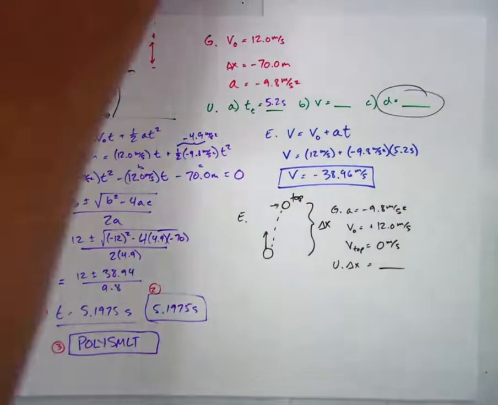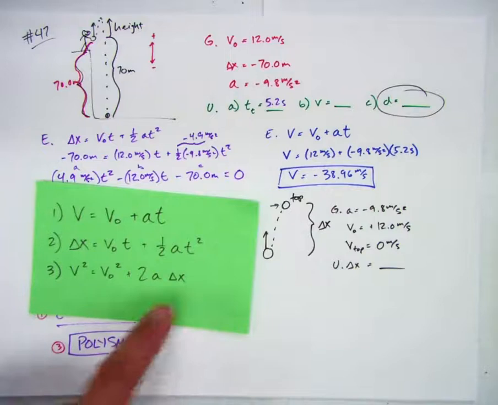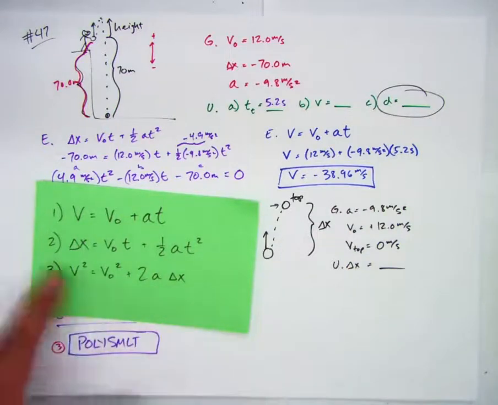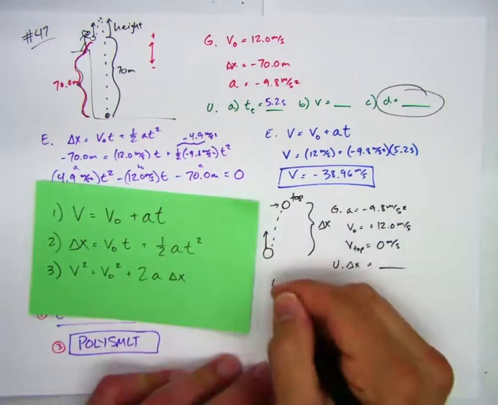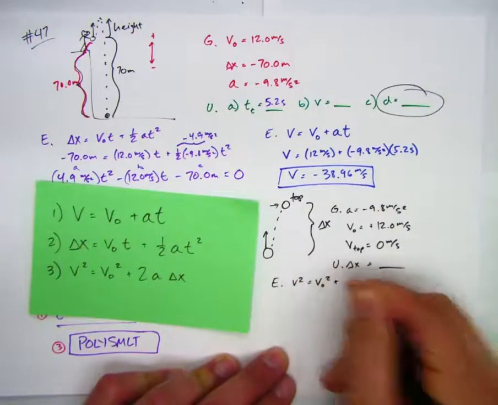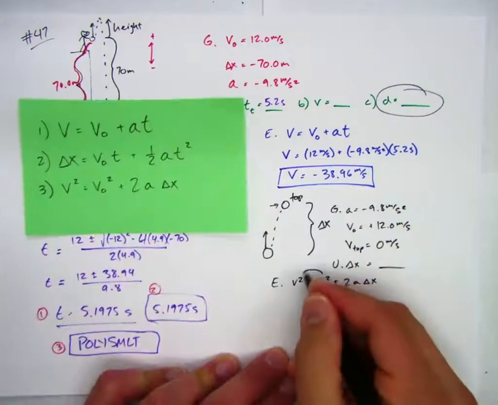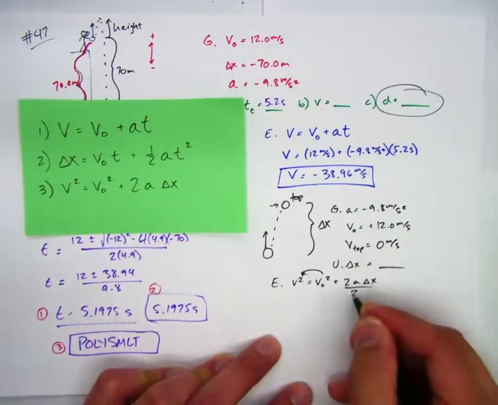And so we go back to my equations. Well, v, v naught, a, delta x, boom, equation 3. I can do it in one step. v squared is v naught squared plus 2a delta x. And I want to solve for delta x, so I'm going to subtract this over and divide by 2a.